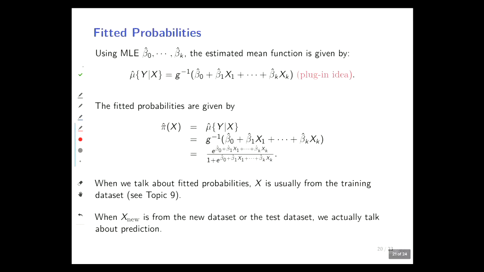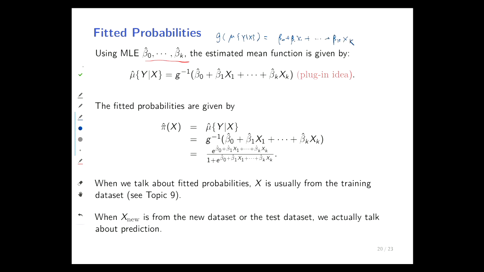Okay, after we obtain the maximum likelihood estimates, we can use R, and later I'm going to use some examples to show you how. The next step is usually to obtain the estimated mean function, or the fitted probability. Remember the generalized linearity: g of mu of y given x equals beta 0 plus beta 1 x1 plus, and so on, plus beta k xk.